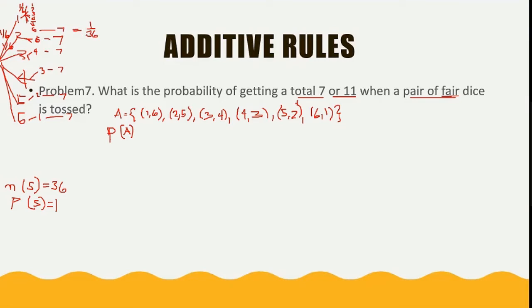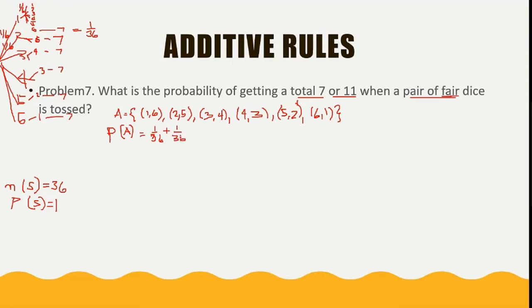Now, if we count, we have 1, 2, 3, 4, 5, 6. So adding all of them, we have 1 over 36. We can just multiply it by 6 or simply add them one by one.